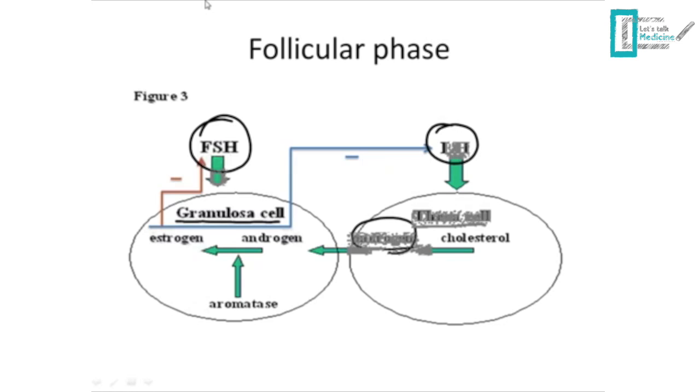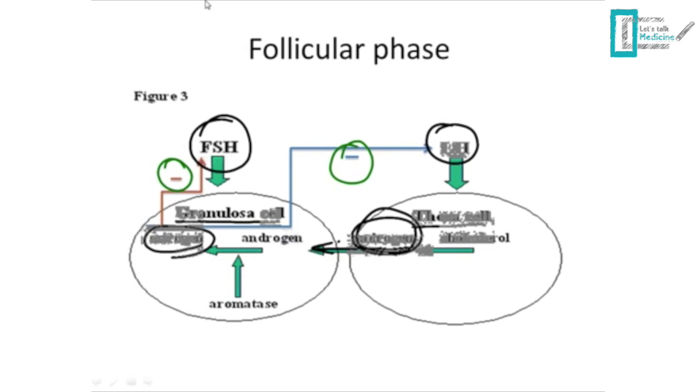And as we said in previous chapters, in the chapter of the adrenal gland, the androgens are the precursor for testosterone, estrogen, and whatnot. So here theca cells will give us androgens. This will move to the granulosa cells and will give us estrogen. Okay. Now, what will estrogen do? Basically, estrogen will give a negative feedback to FSH and LH.